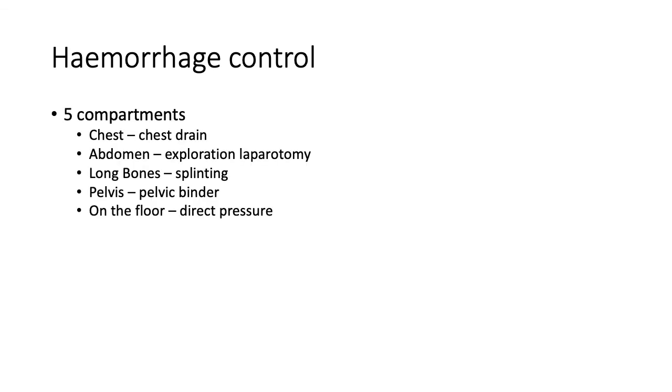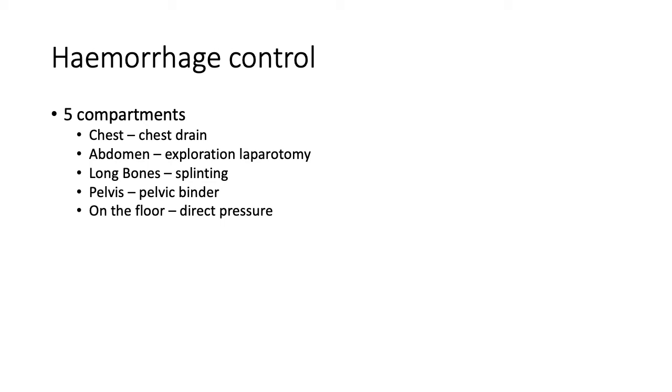The principle of hemorrhagic control is to stop the bleeding. Think about 5 compartments in the body. First is the chest. Second is the abdomen. Third, long bones. Fourth, pelvis. And last but not least, on the floor.